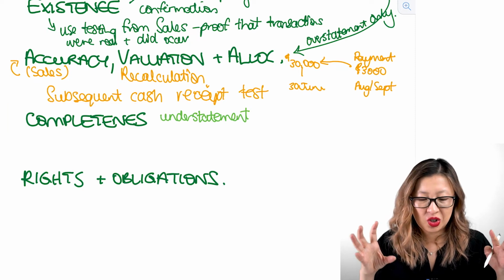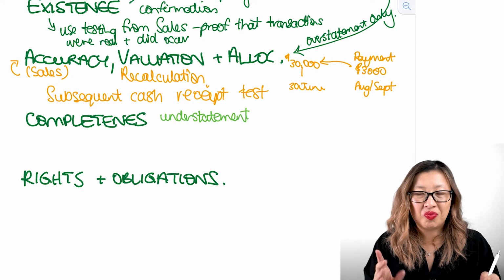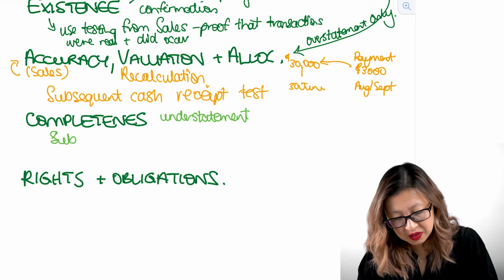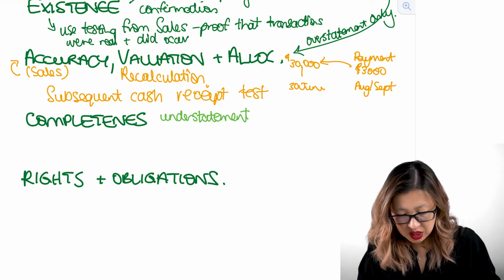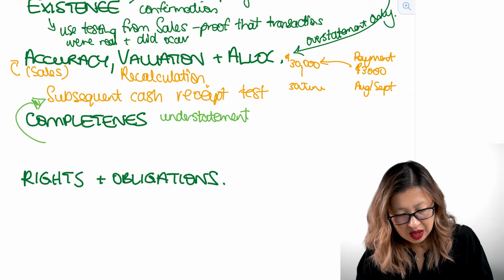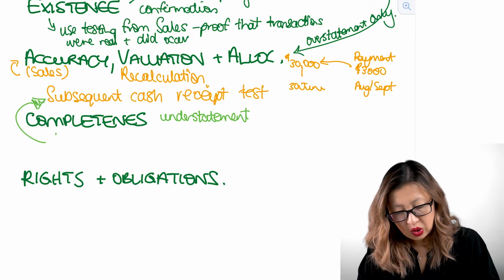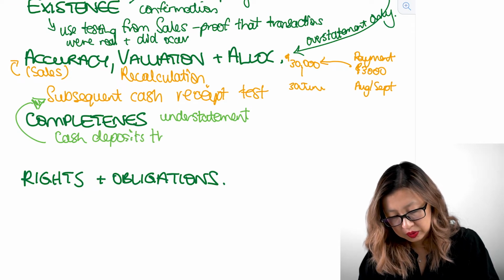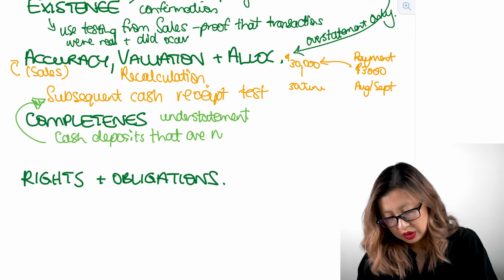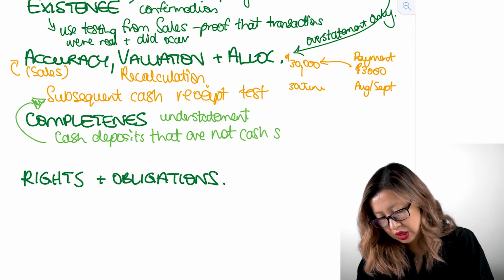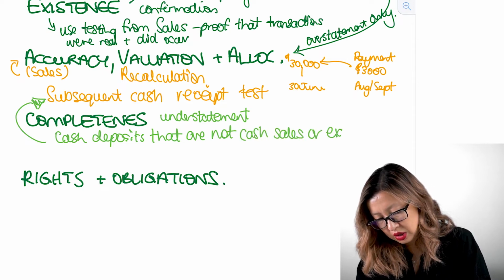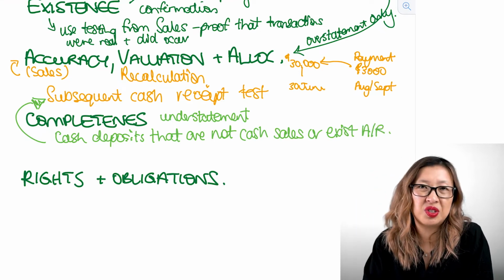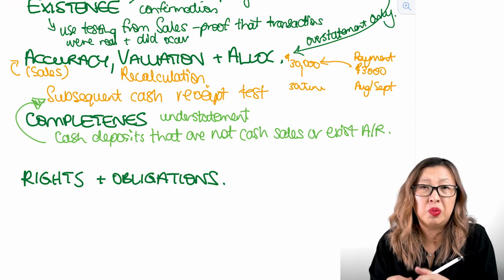So in terms of trying to test any missing accounts receivable, you might also, as part of that subsequent cash receipt test that we did up here, also see if you can identify any cash deposits that are not cash sales or existing accounts receivable. And that might be an accounts receivable that was forgotten to be recorded.